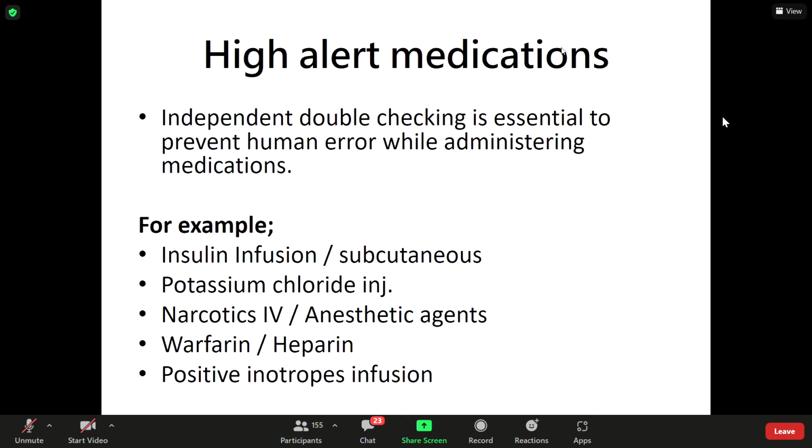What would be the best practice if I say you need to do independent double checking? Two different people do the check. Yes, and here those two different people really have to use their own calculations. We should not depend on others. Otherwise, we will not be having independent double checking. It will be dependent double checking.